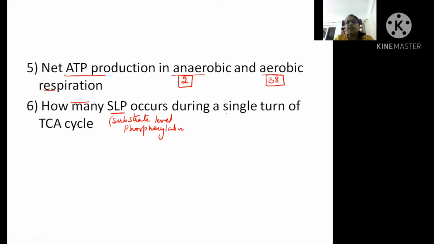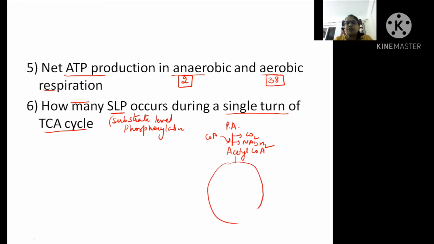You know very well, in 1 turn of TCA, pyruvic acid, I am writing in short, changes into acetyl coenzyme A after liberating carbon dioxide and NADH2, by taking coenzyme A. And when this acetyl coenzyme A goes for one citric acid cycle, it makes a 6 carbon compound, then a 5 carbon compound, and 4 carbon compounds. Here carbon dioxide and NADH are formed.